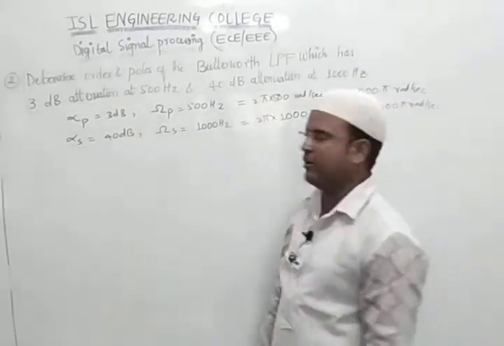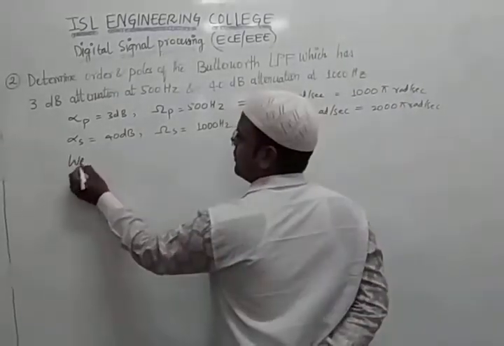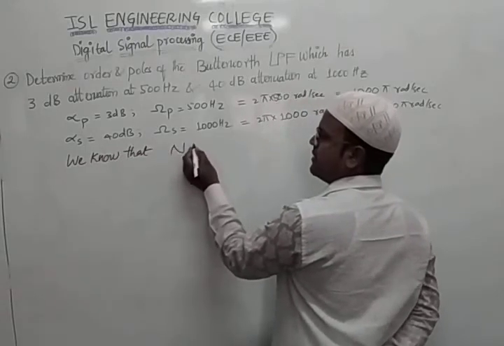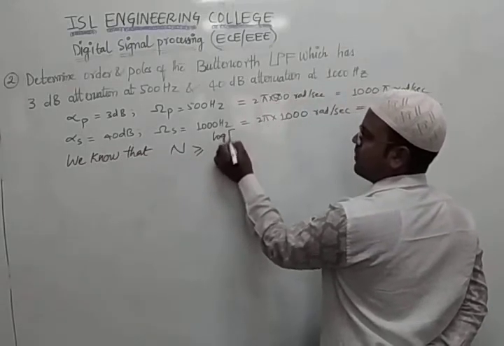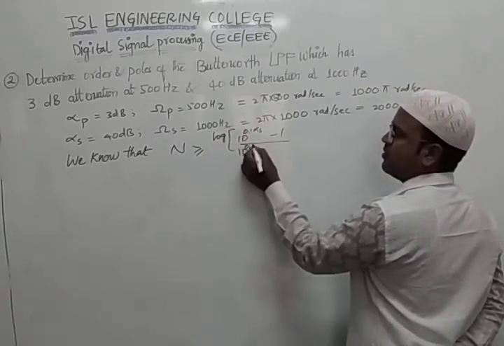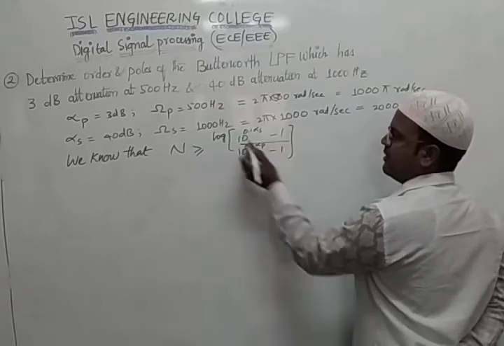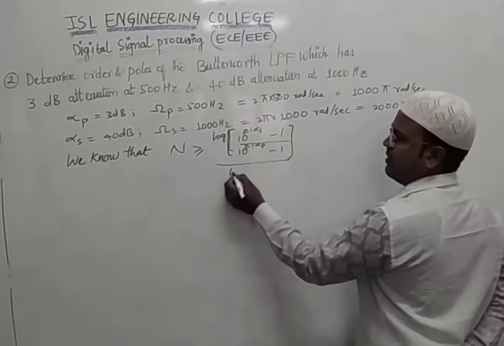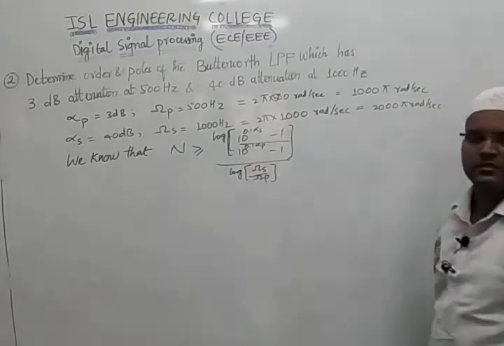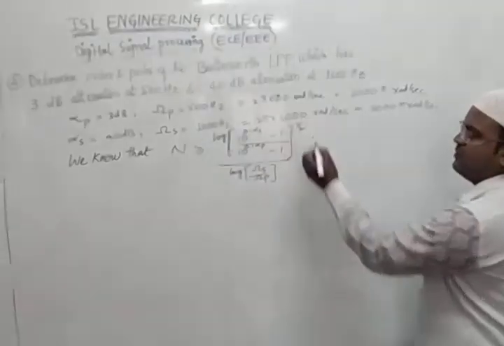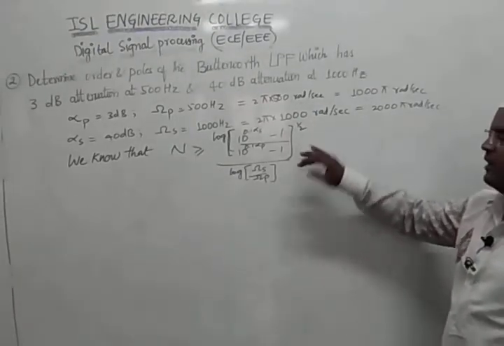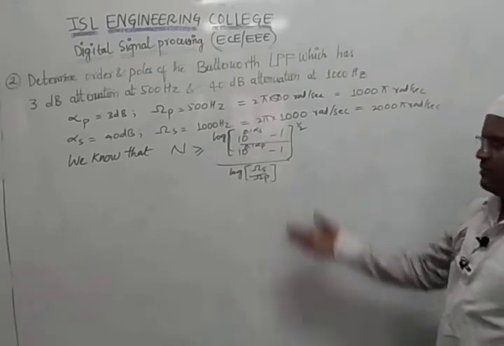For finding the order, we know that order n is greater than or equal to log of the square root of 10 power 0.1 alpha s minus 1 by 10 power 0.1 alpha p minus 1, divided by log of omega s by omega p. This root is nothing but 1 by 2. First I'll find the upper factor, then the lower factor, then substitute in the main equation.